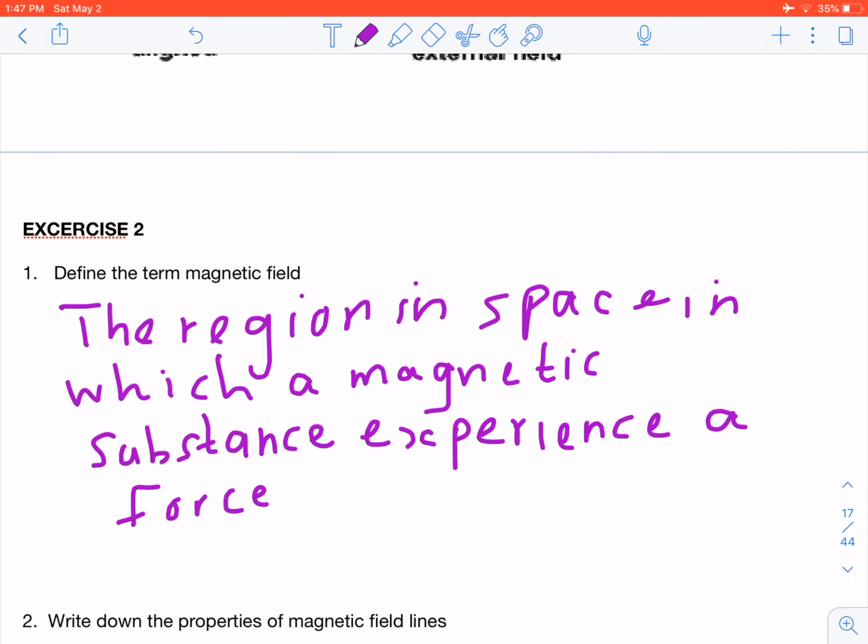If it's a stationary charge in a magnetic field, it's not going to experience a force. A stationary charge experiences a force in an electric field.